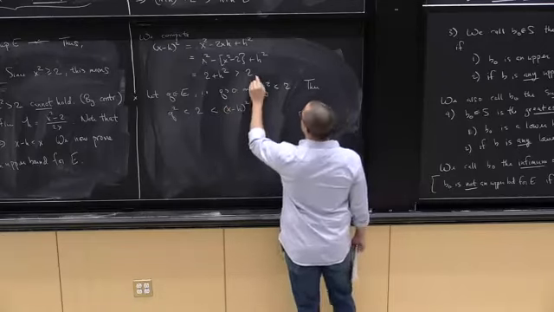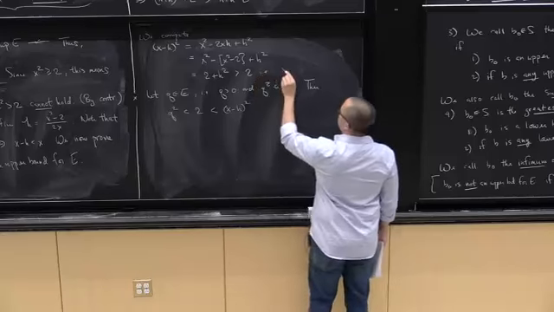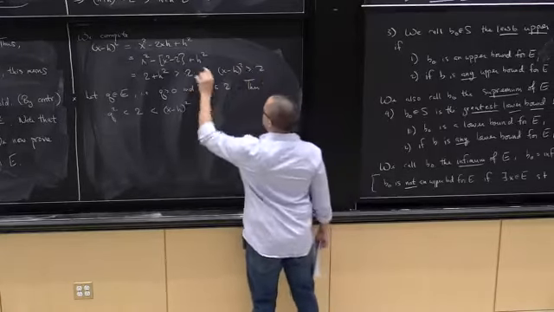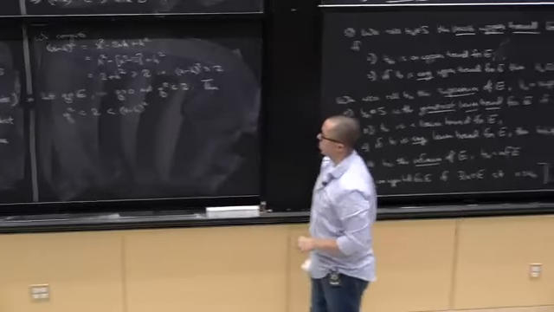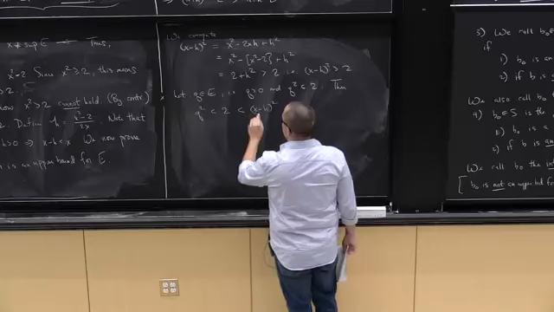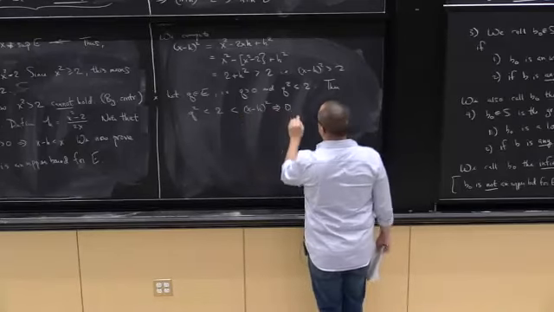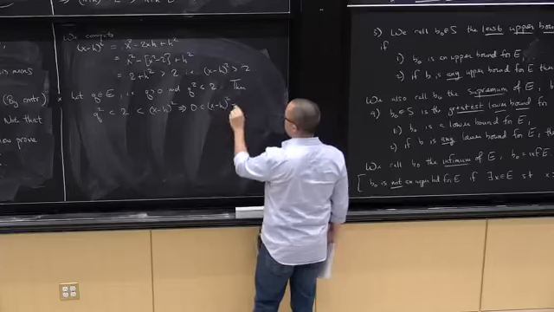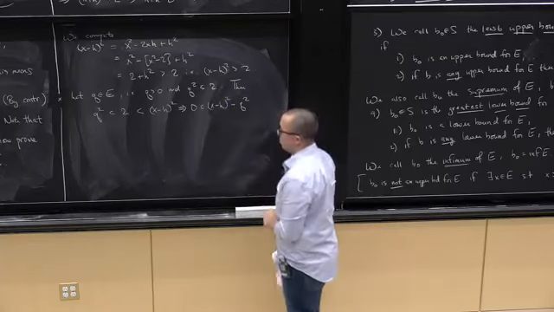So we have q squared is less than 2, which is less than x minus h squared. That means 0 is bigger than x minus h squared minus q squared.